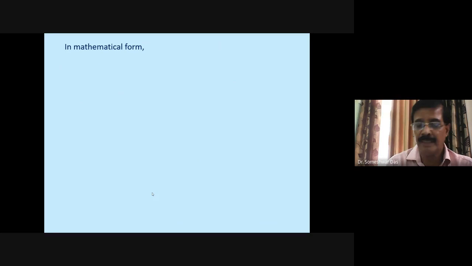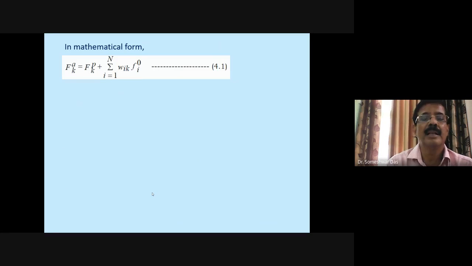Then, in mathematical form, this can be written as F_k^a = F_k^p + summation of i = 1 to n W_ik f_i^o. Here, all the superscripts with a indicate the analysis. In all the subsequent equations we shall discuss today, any variable having superscript a indicates the new analysis.